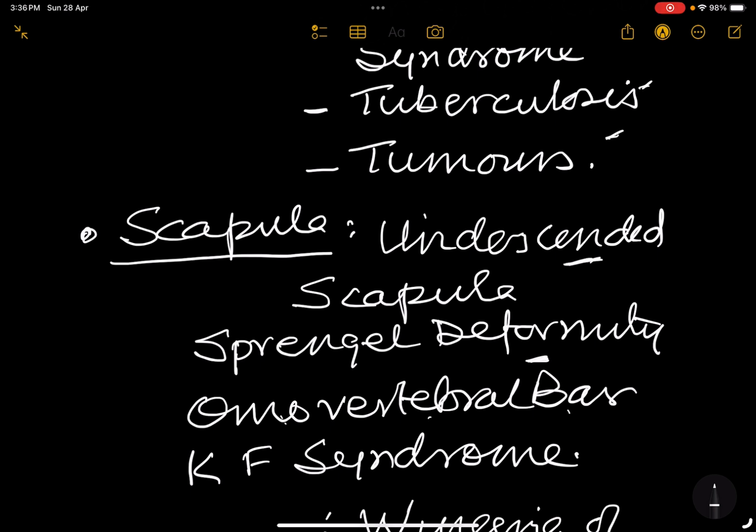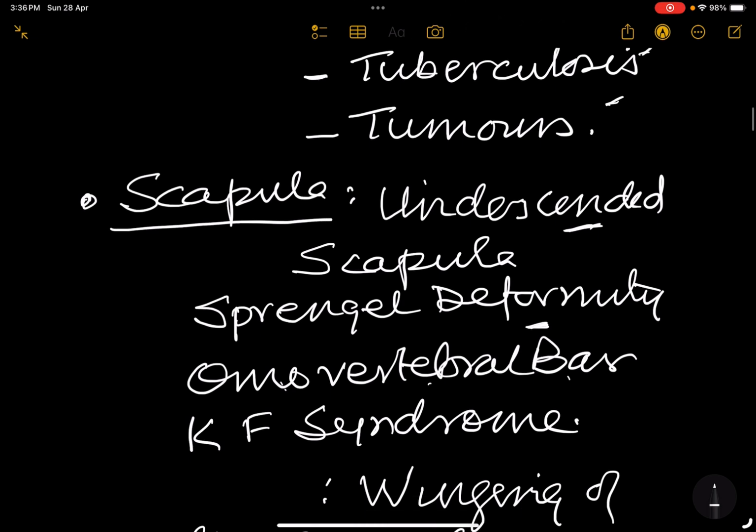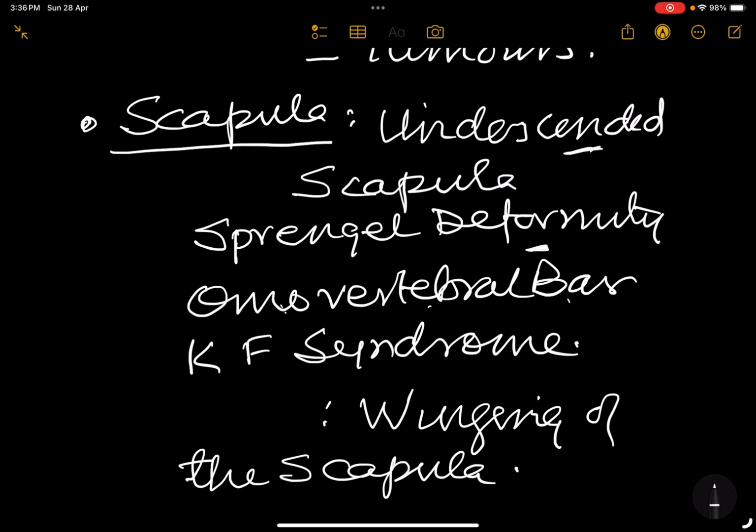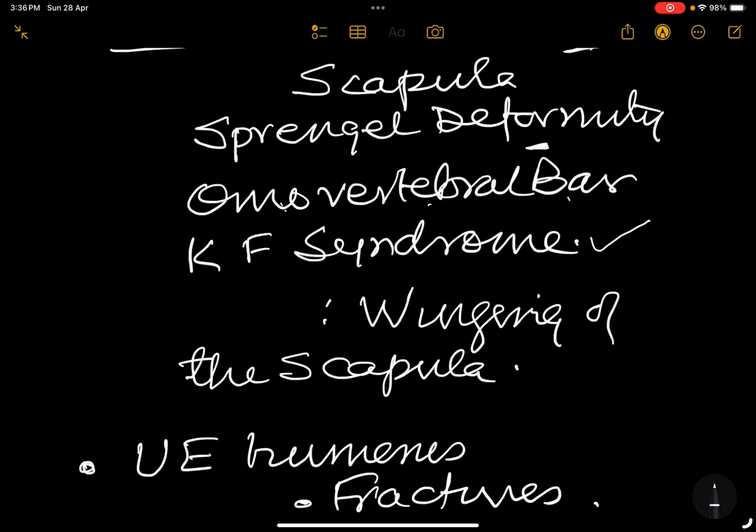The omo means scapula, and that connecting it to the vertebrae. If the condition is bilateral, then it is called Klippel-Feil syndrome, and the winging of the scapula because of the paralysis of the serratus anterior is another common clinical condition that we encounter.